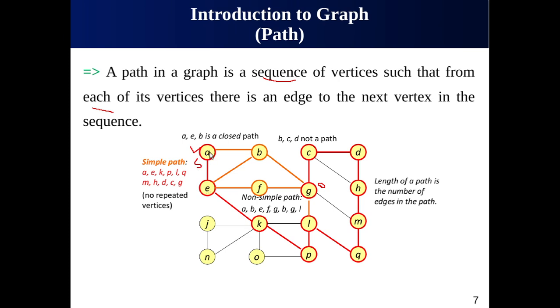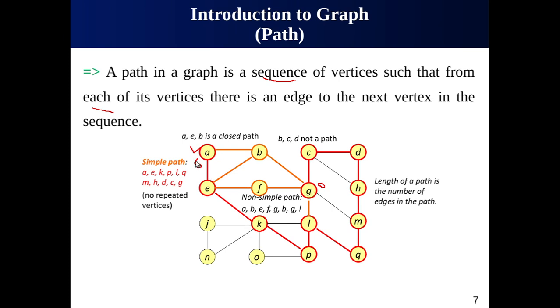Here is a path. From A, I can move to node E. They are adjacent. There is a link between these two nodes. And then from E, I move towards K. From K, I move towards P. From P, I move to L, then Q, then M, H, D, C, and finally I reach my destination.